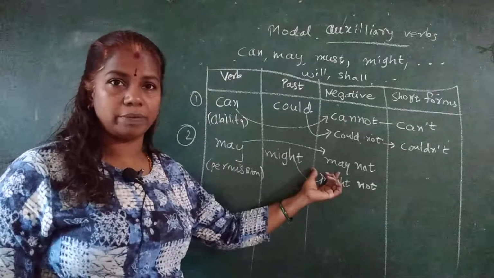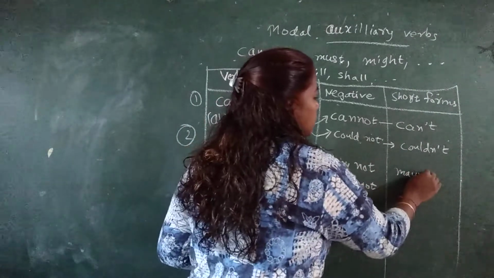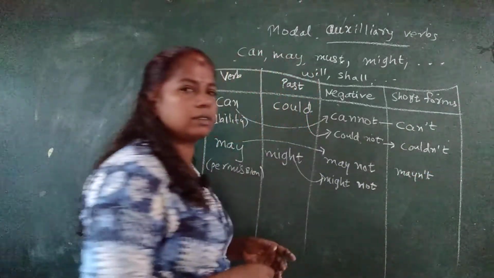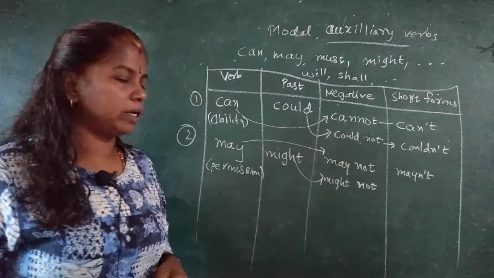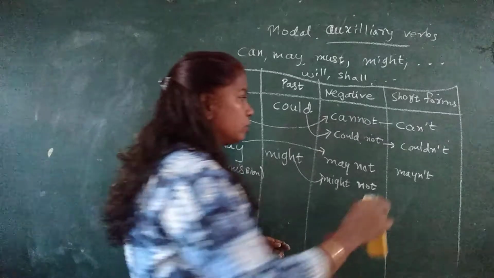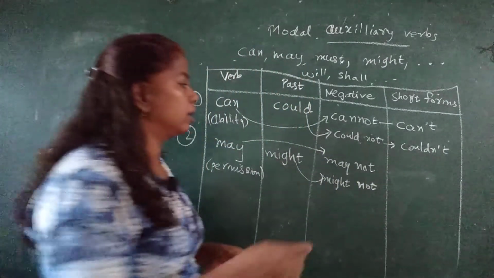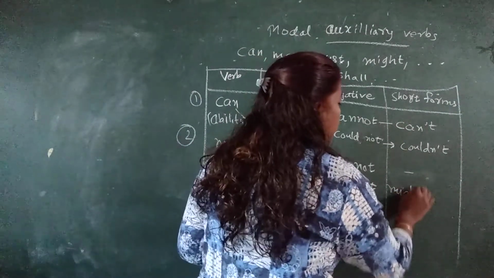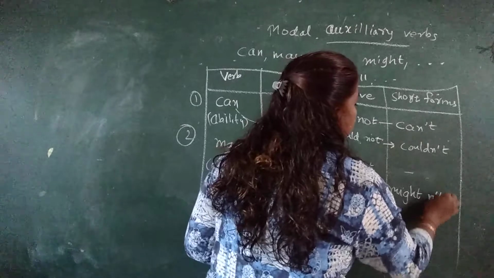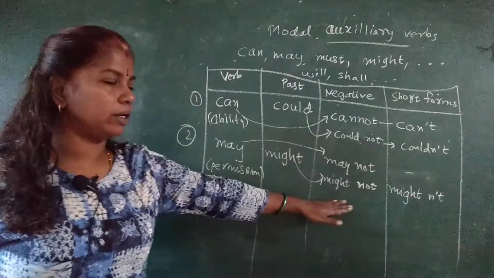Short forms also you should be able to understand. May not, mayn't. I have not come across that. So I think the short form of may not is not there. I'll put a dash. Next, might not, mightn't. Mightn't or might not.